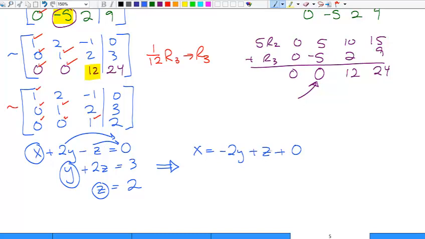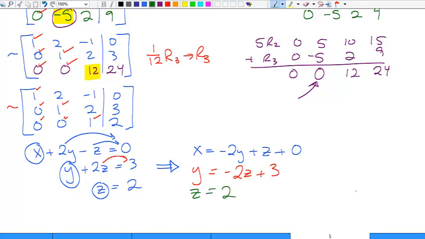The negative z moved to the other side and became positive, and the 0 stayed the same sign. On the second equation, y equals, the 2z needs to move to the other side, so it changes sign. The 3 was already on the right hand side, so it doesn't change sign. And the last one, z equals 2, is actually already solved.